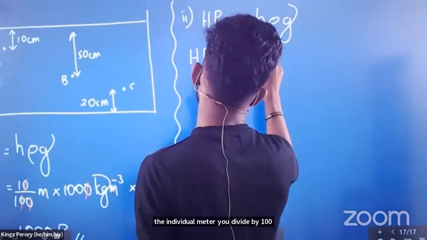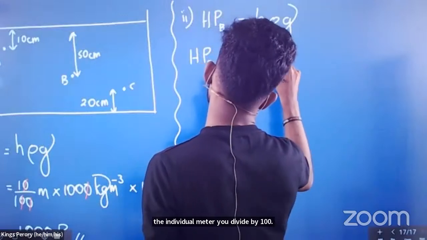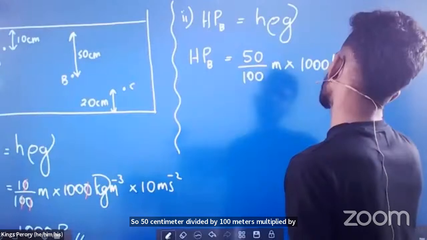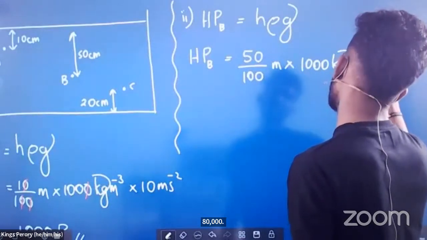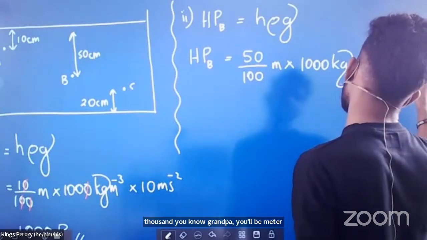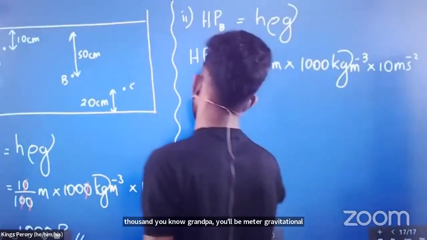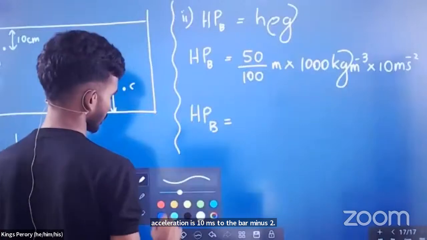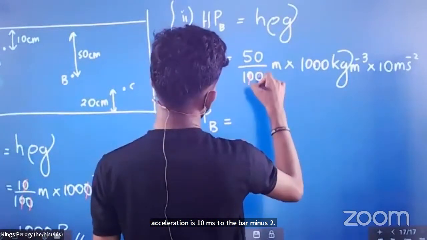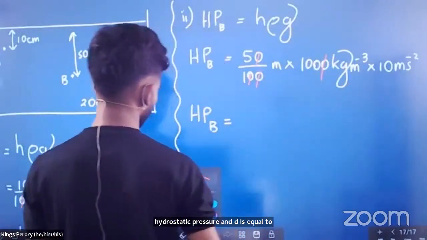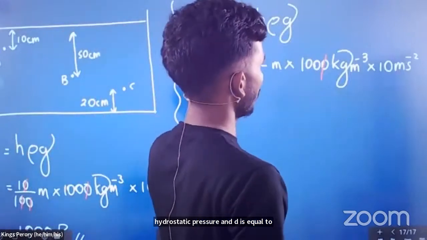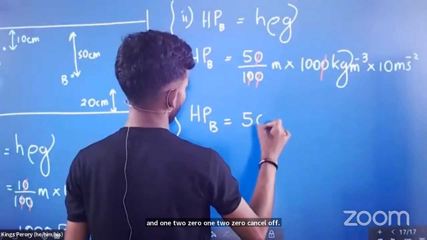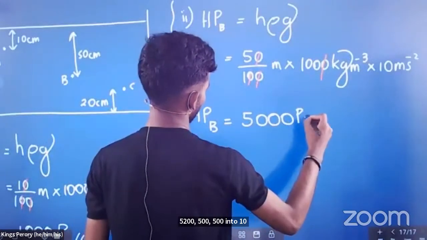So 50 centimeter divided by 100 meters, multiplied by density 1000 kilogram per cubic meter and gravitational acceleration 10 m s to the power minus 2. Do the math there. 5 into 100, 500, 500 into 10, 5,000 Pascal.